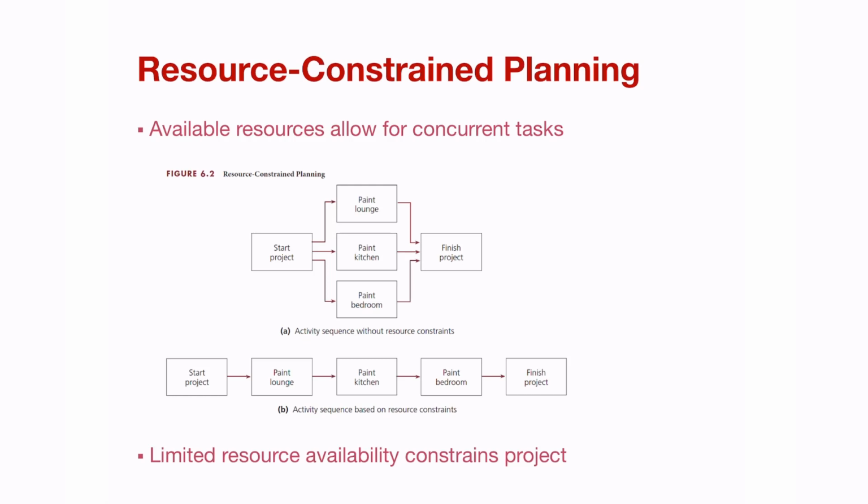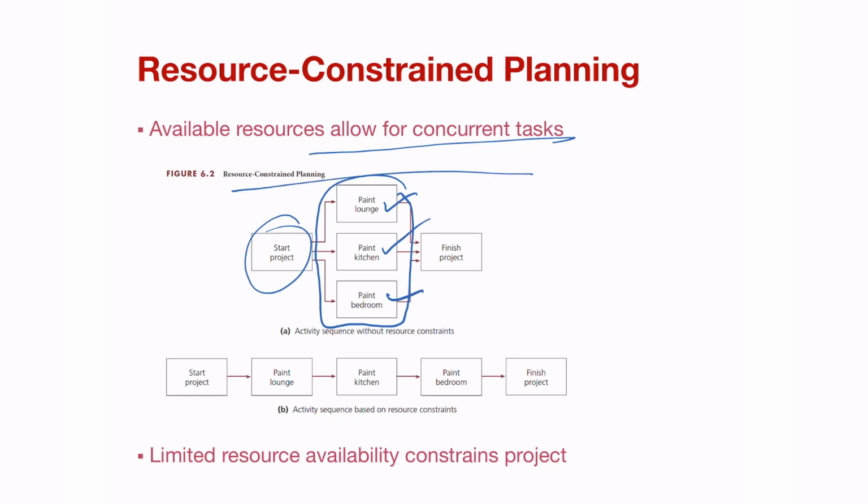It looks at the available resources that allow for concurrent tasks that can be done, and then tasks that can be done sequentially. So if we look at the example of the kitchen, at the start of the project there are certain activities that can happen concurrently. You can paint the lounge because you're not working in the kitchen. You can also paint the kitchen, and you can also paint the bedroom.